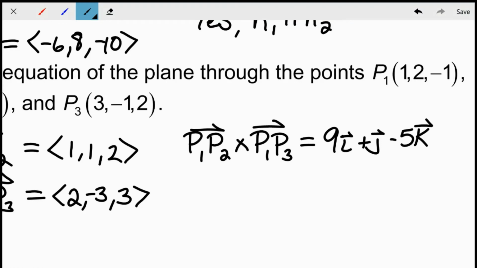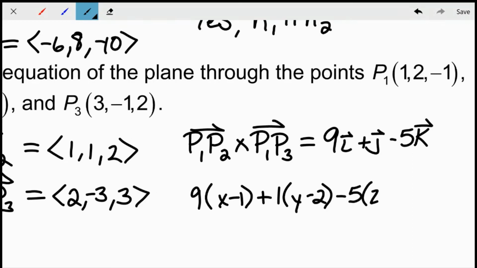I can write it as 9, I'm just going to use P1, times x minus 1, plus 1 times y minus 2, minus 5 times z plus 1, and that would be equal to 0. You might see it written in that form, and the nice thing there is we know what point we're looking at. Here, it doesn't really matter what point we're looking at.